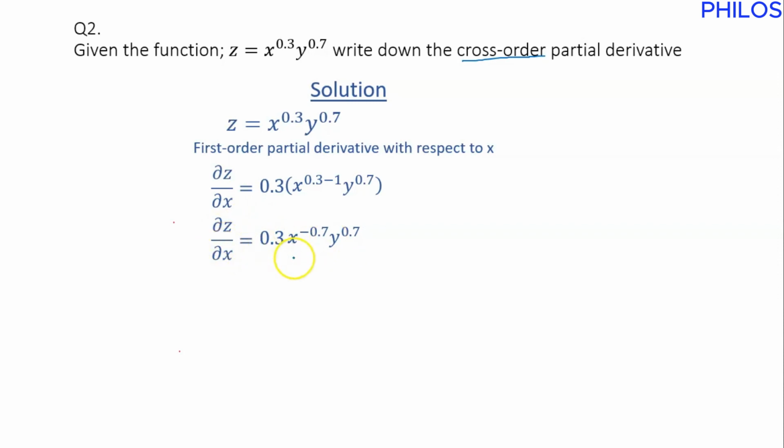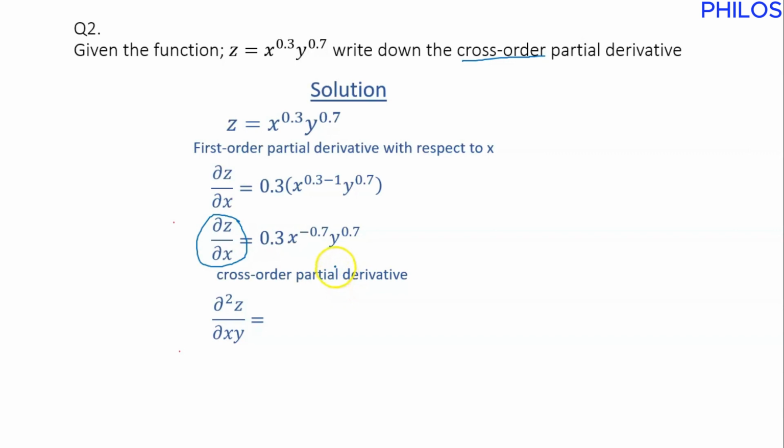So from here, we can now find a cross-order partial derivative. So for the cross-order partial derivative, we are going to differentiate partial z partial x now with respect to y. Okay, so when we are differentiating it with respect to y, we are now writing it as partial square z over partial xy.